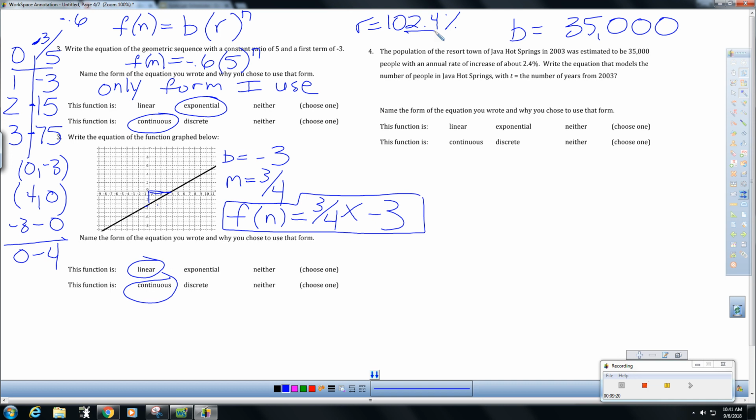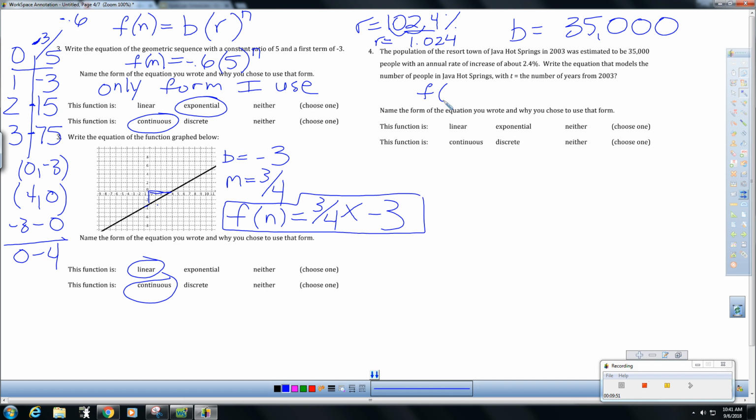What I want you to know is 100% means we stayed exactly the same. Okay? Now, do you know how to make that into a decimal? Because we don't want percent in our equation. Move the decimal. That much. So it's 1.024 is our R.